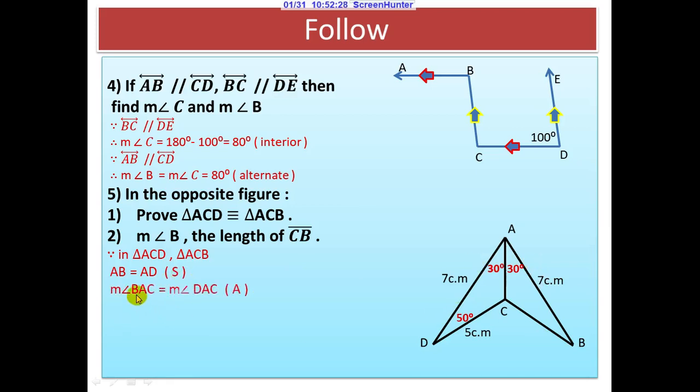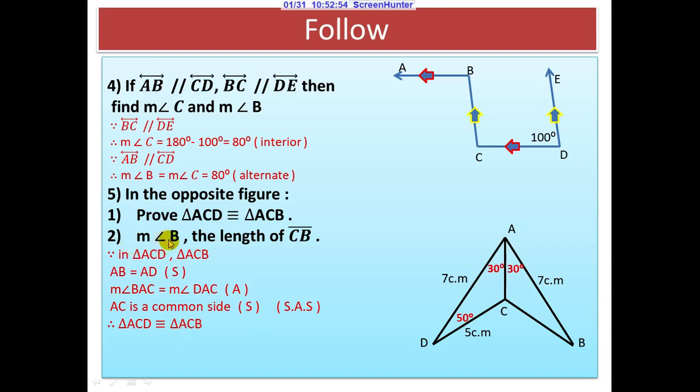Measure of angle BAC equal with measure of angle DAC, this is an angle. Number 3, AC here is a common side, S. And don't forget to write the name of this case beside it, SAS. So we deduce that, therefore, triangle ACD is congruent with triangle ACB. This is the first required.